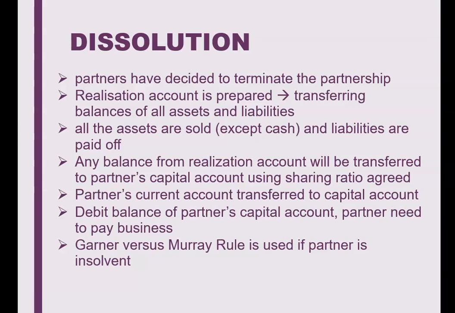If one of the partners does not have the money, we call that partner insolvent. So we have to use the Garner versus Murray rule.